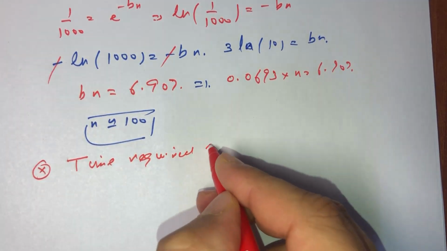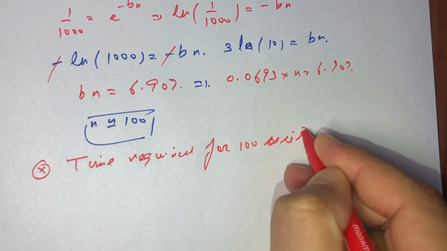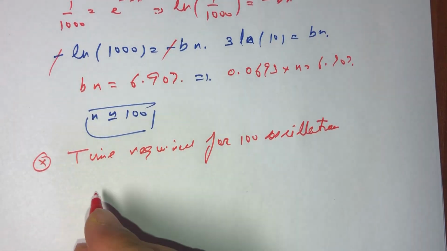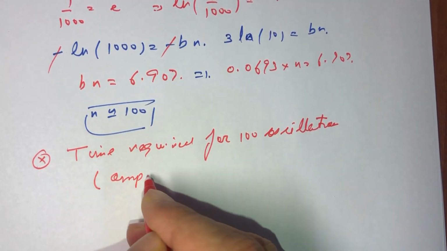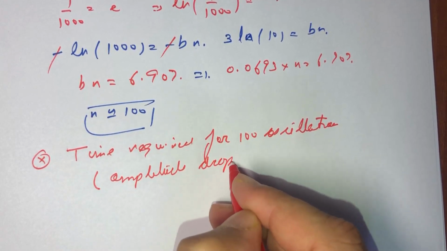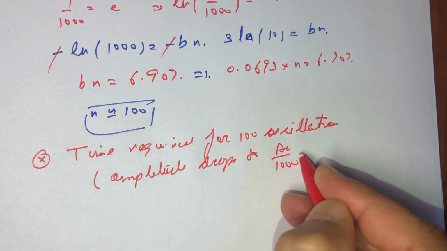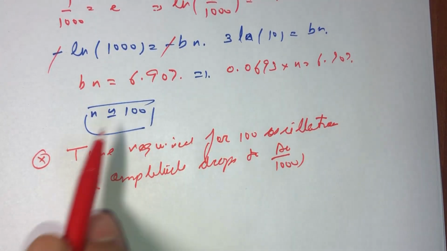Here 100 oscillations basically means that the amplitude drops to A naught over 1000. So we found that n is equal to 100.